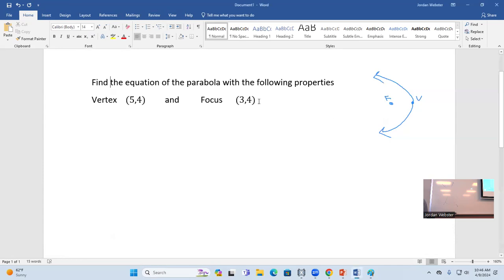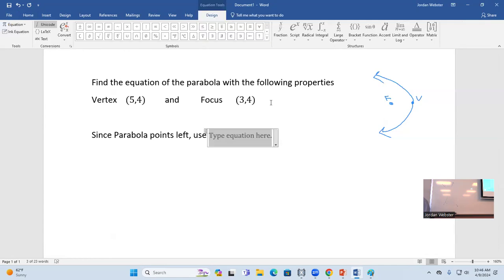Okay. So since the parabola points left, we're going to be using the one where we take (y minus k) squared equals 4p times (x minus h).